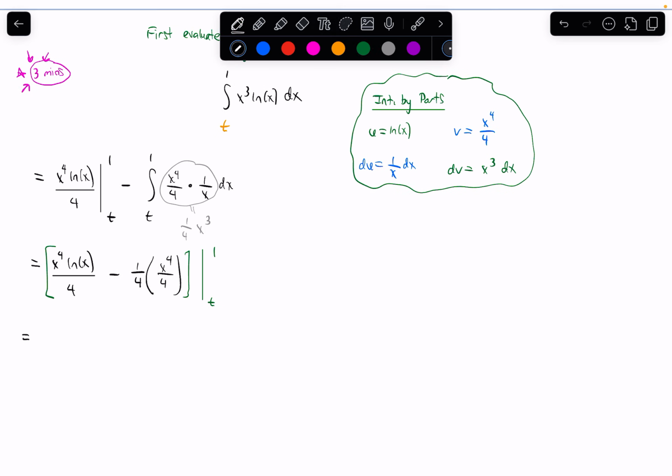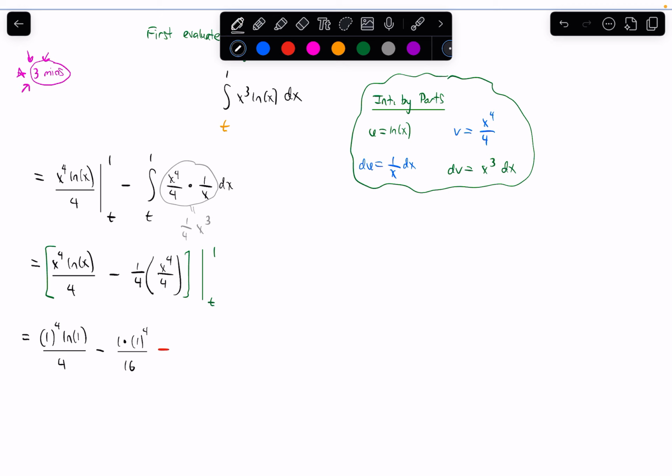Okay, so plugging in. If I plug in 1, I'll get 1 to the 4th times ln of 1 all over 4. And then I get minus with the next term. If I plug 1 in, I'll get 1 times 1 to the 4th all over 4 times 4, which is 16.